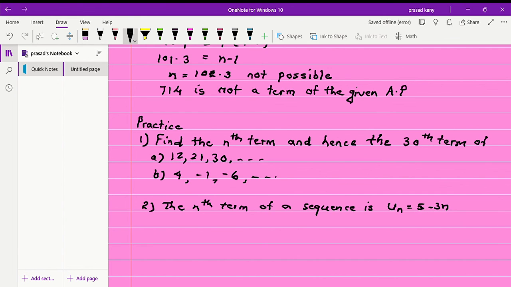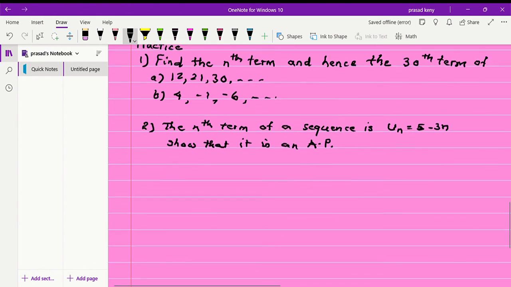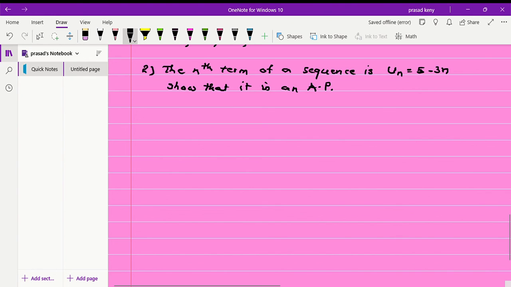Show that it is an AP. Now in this problem, to show that it is an AP, what will you do? Try to find out 3 to 4 terms and then show that the common difference is constant.